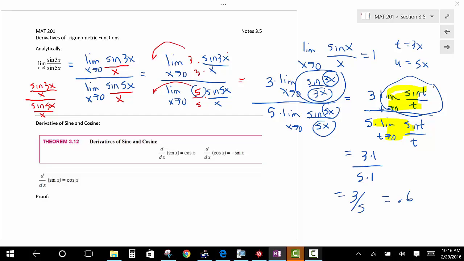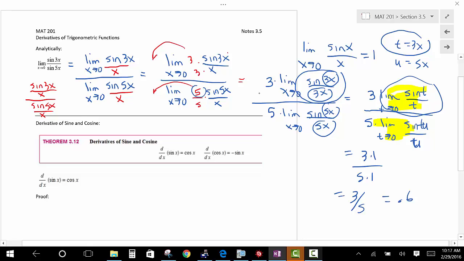I'm just still not seeing how the 3x disappears from the top. Because I did a substitution. Okay, look at this. What I did is 3x got replaced with t. That became t, that became t. This became u. Actually, that should have been a u, and a u is what I should have done. But it's the same idea.